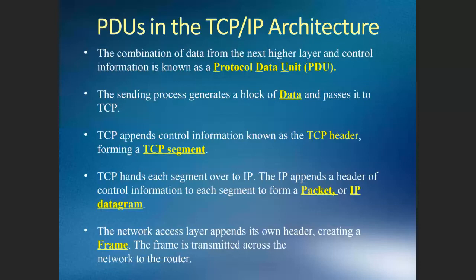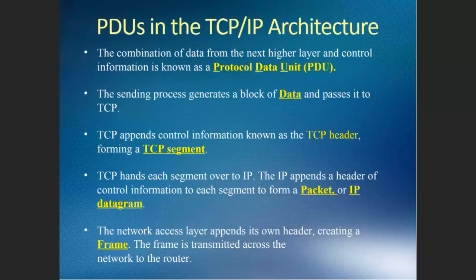PDUs also have names according to the layer. In the application layer, it is called data. In the transport layer, used by TCP, it's called a segment, and the segment will add a header. It's called the TCP header.